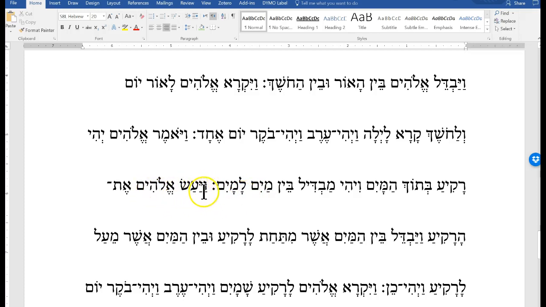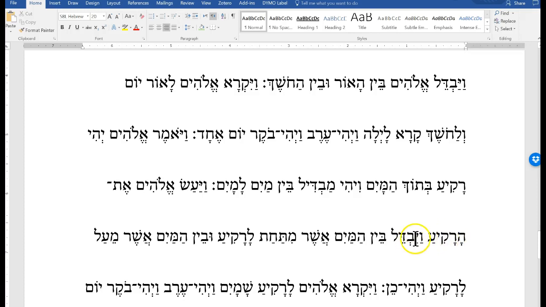And Elohim Ya'as, so this is from Yasha, made, so this is the converted imperfect, and Elohim made the Rakia. So you see this is a resh. You can't put the doubling dagesh, so it lengthens from a patha to a comets, the Rakia.